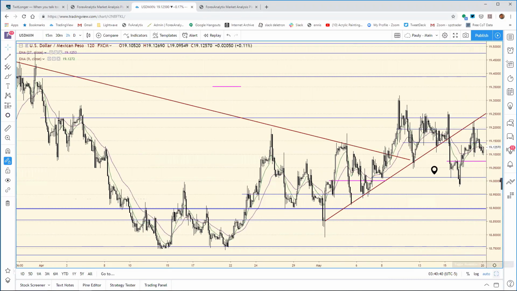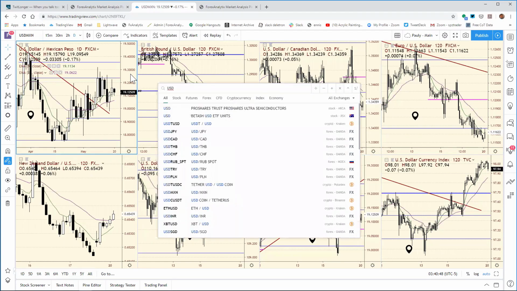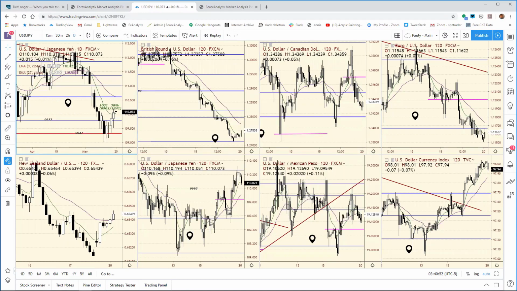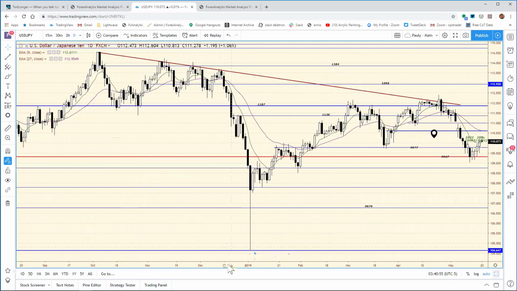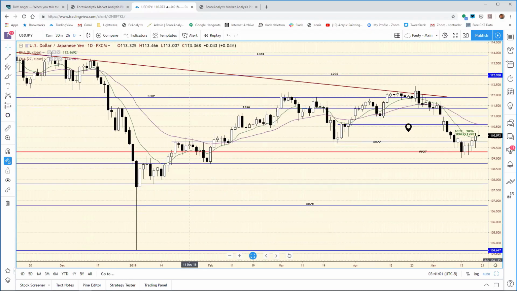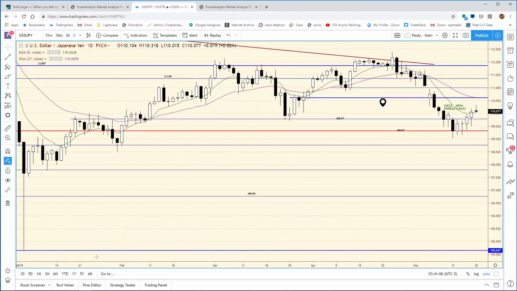Let's go and move into the dollar yen. This is a weekly yen close above 995.